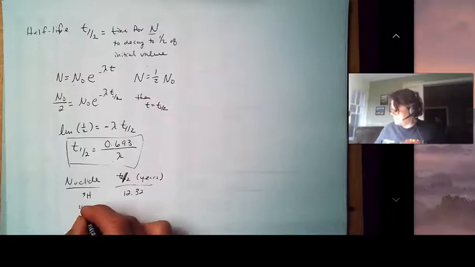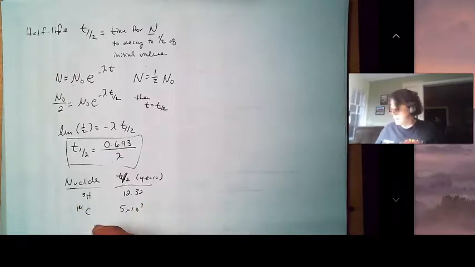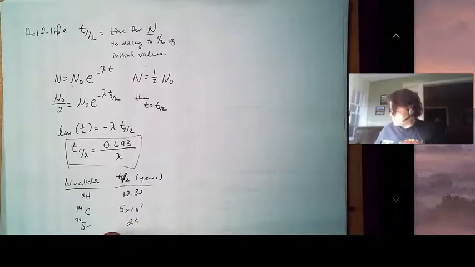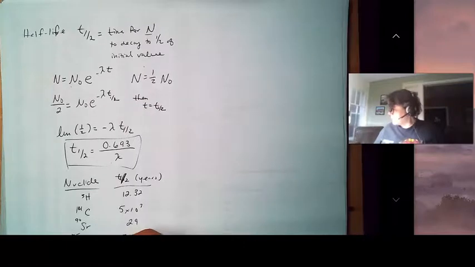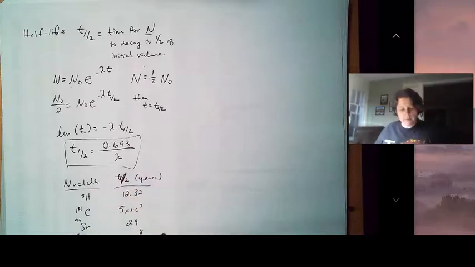Okay, carbon 14 is 5 times 10 to the 3. Strontium 90 is 29 years. Uranium 235 is 7 times 10 to the 8th years. So you can use these things and these models to fit in these others.